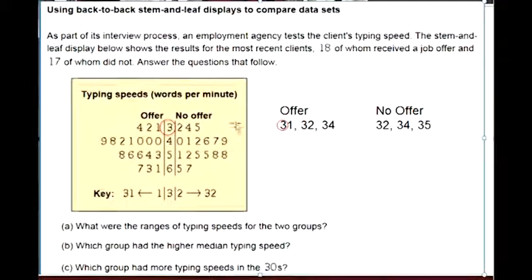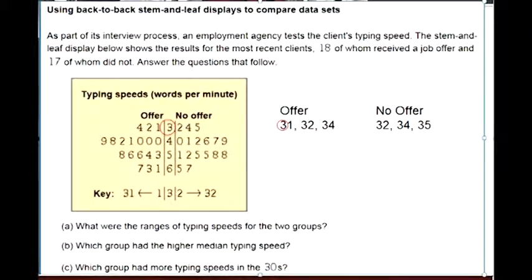That's what generates the 31, the 32, and the 34. And then the 1, the 2, and the 4 come off of the left side. And the same thing, the 3s are all from the stem, and then we have 32, 34, 35 on the right side. Does that answer your question? Okay, good.